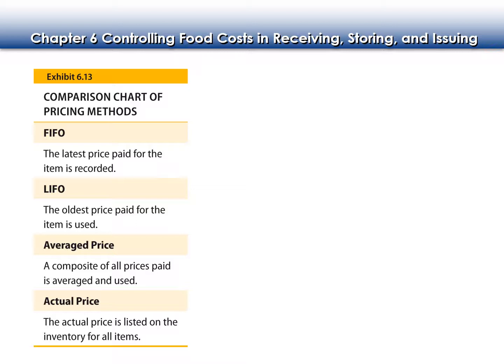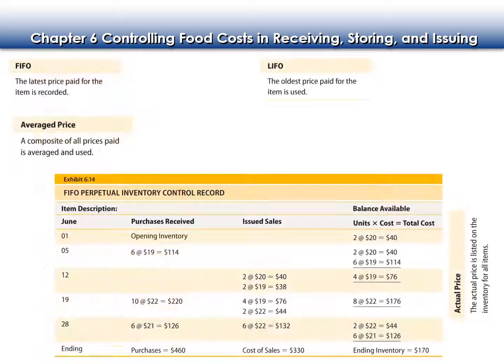I can go back to what I received yesterday, and I can say, okay, all the tomatoes in my storage are this price, because that's what I paid for it yesterday. That's using the FIFO method, okay? Now let's look at this from the previous slide, and identify what our inventory value is based on these different methods. So, FIFO.